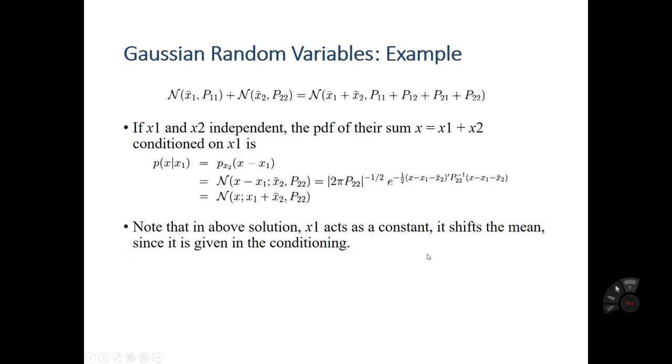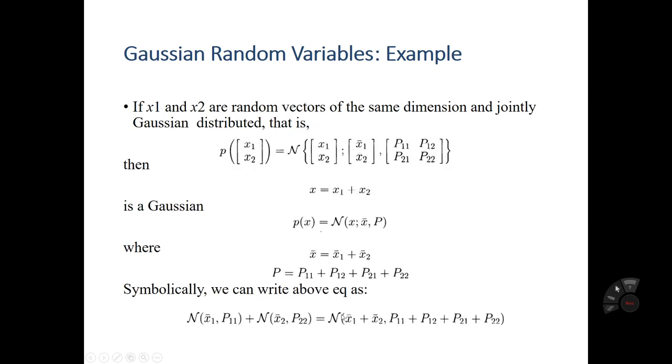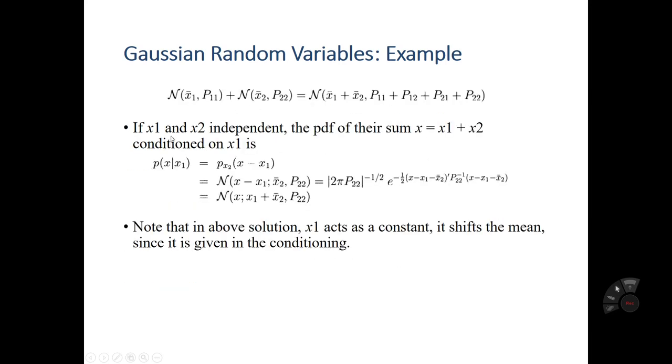Now again we take this same equation here. If x1 and x2 are independent, the PDF of their sum x1 plus x2 conditioned on x1 is as follows, because in the joint case we first find the PDF of one random variable and then the other. Suppose we already know the x1 value.